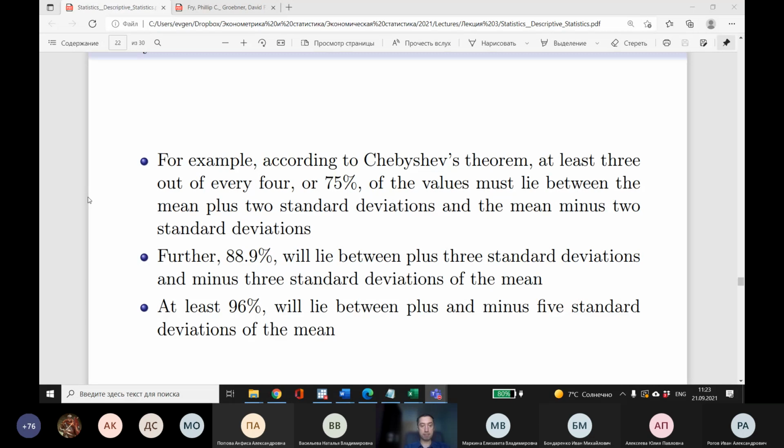Using this theorem, we can also state that 88.9% of our data should lie within plus minus 3 standard deviations from the mean, and at least 96% of our data should lie within plus and minus 5 standard deviations of the mean.